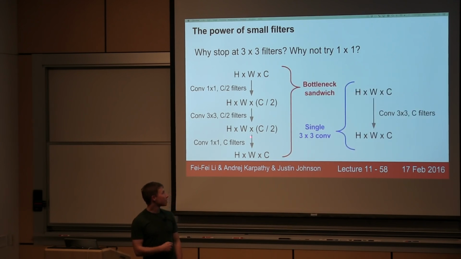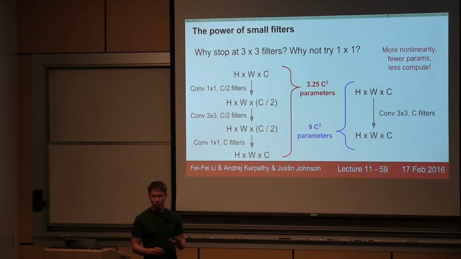We can compare this bottleneck sandwich to a single 3x3 convolution with C filters and run through the same logic. I won't force you to compute this in your heads, but you'll have to trust me that this bottleneck stack has 3¼ C² parameters, whereas this one over here has 9C² parameters. And again, if we stick ReLUs in between each of these convolutions, then this bottleneck sandwich gives us more nonlinearity for a fewer number of parameters.